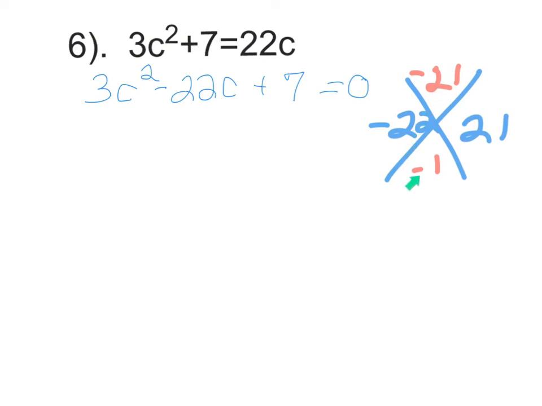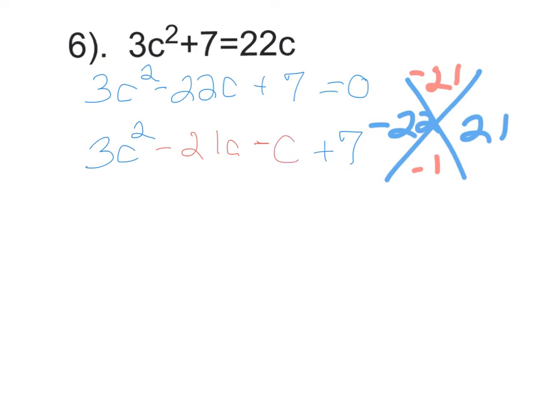Negative 21 plus negative 1 would equal negative 22. So we can solve this with the grouping method if we want to try that. Let's do that. So let's go ahead and write down 3c squared, leave ourselves some room, and then add our plus 7. And then in the middle, we're going to put our magic pair. So I'm going to put those in red. We're going to have negative 21c plus, minus c.